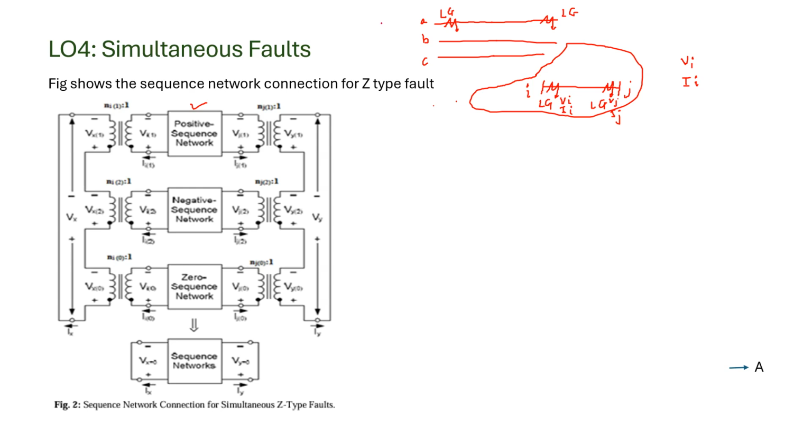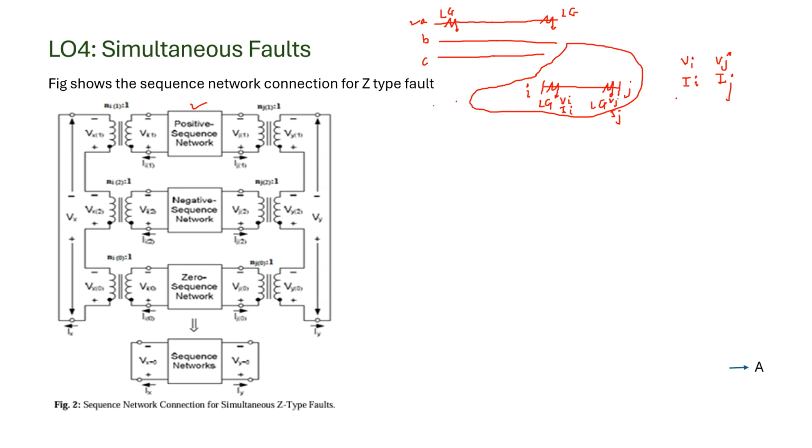But there is a possibility that LG fault may occur at A, and at another location at jth bus it may happen on B or C, like that. So there are different combinations. But let us start with both the faults happening on line A. Now what is my objective? My objective is this: to find the voltage at ith bus, current at ith bus, voltage at jth bus, and current at jth bus.